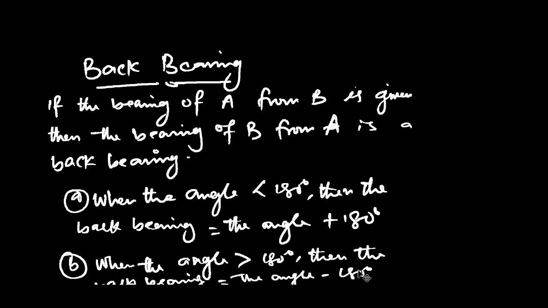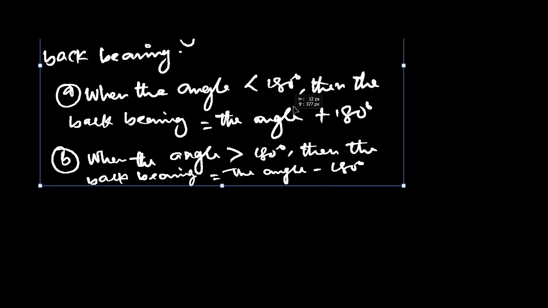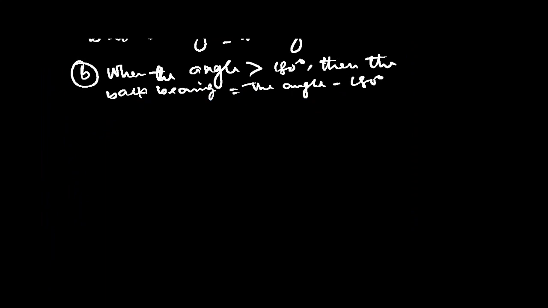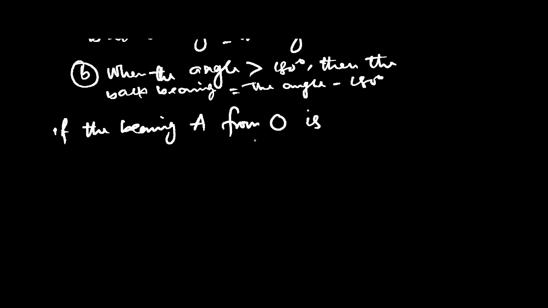So let's look at an example of the two. Okay, let's take for instance that you are given the bearing of A from O. If the bearing of A from O is 50 degree, idea now.